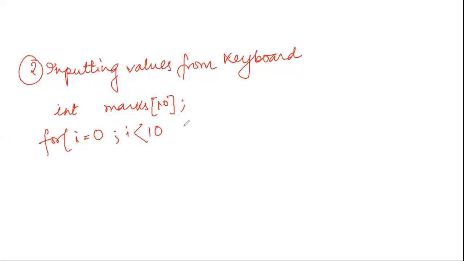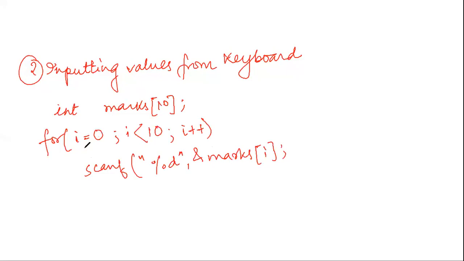So 0 to less than 10. In the process, it will do i++ and it will use a scanf statement, that is, it will take the values from the user. Since I have used one variable, I need to declare it also.